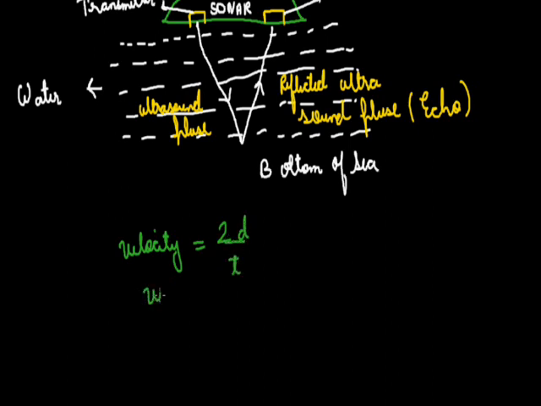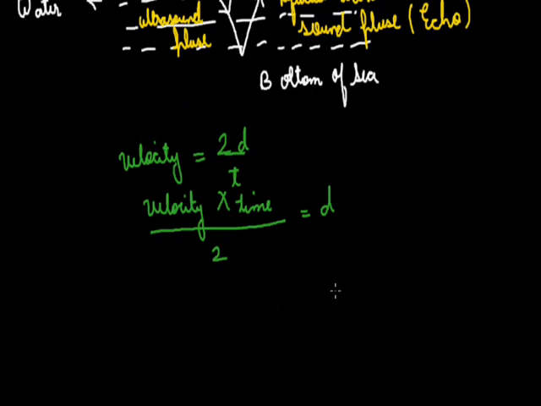So the distance will be velocity into time divided by 2. So the d will give us the depth of the sea. So by using this sonar device, we can calculate the depth of the sea.